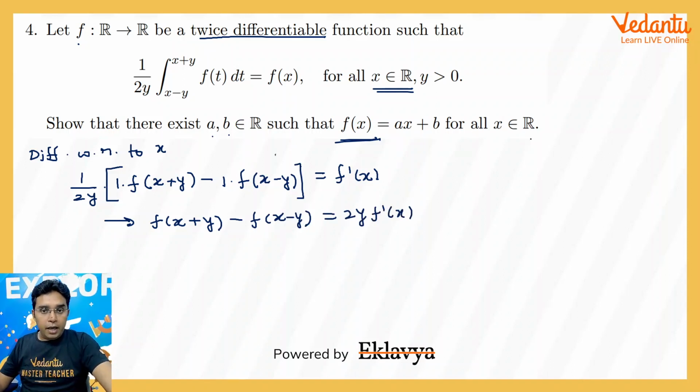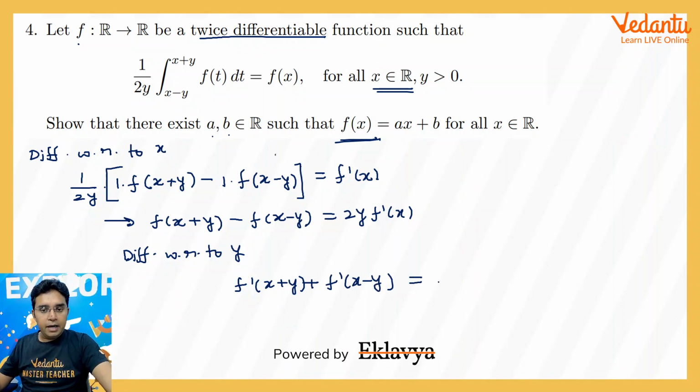Now, as y can also be considered to be a variable, keeping x fixed at some number and varying y, I think I can do the differentiation with respect to y also. Differentiating with respect to y, what we will be getting is f dash of x plus y, plus f dash of x minus y, and on the right hand side it will be 2 f dash x.